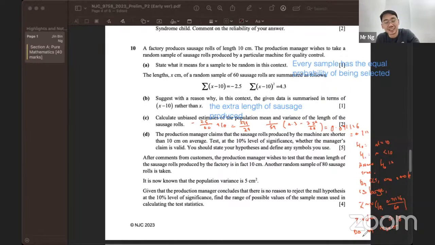So do not reject. But it's also situational depending on your standard deviation, etc. I think it's not valid. Do not reject, then insufficient evidence to say that H1 is right, so the manager's claim is not valid.